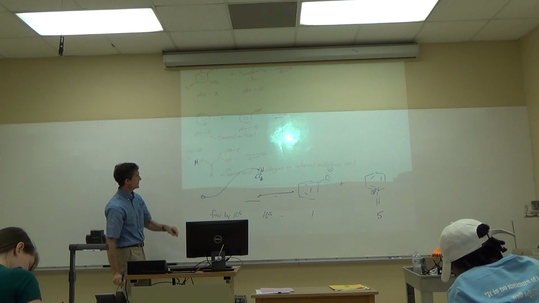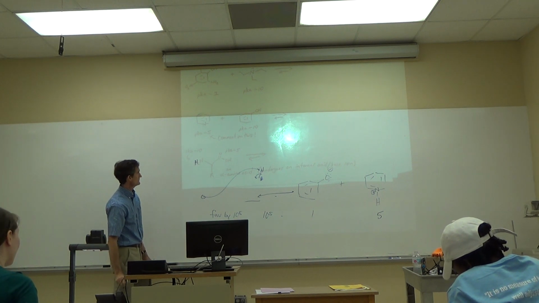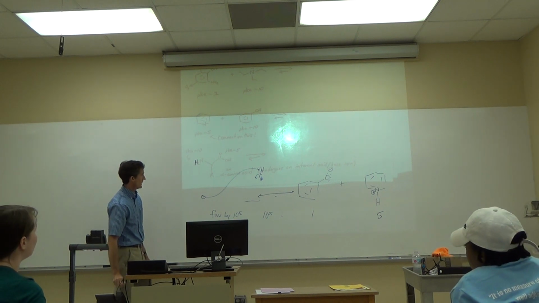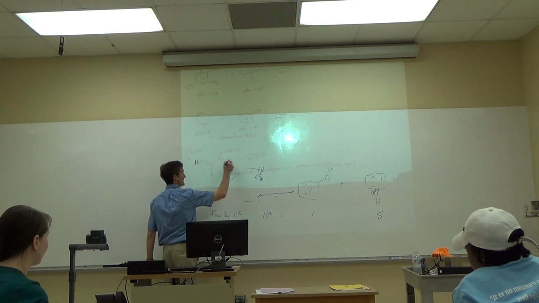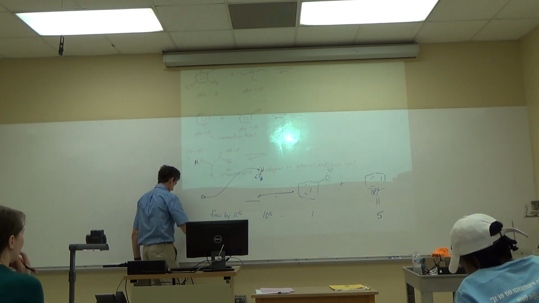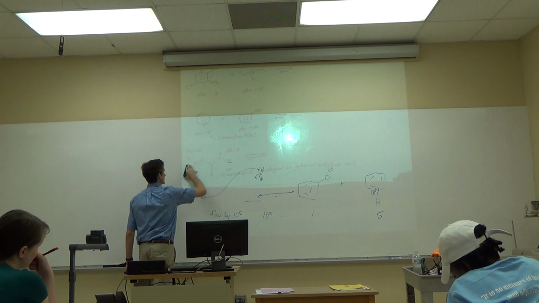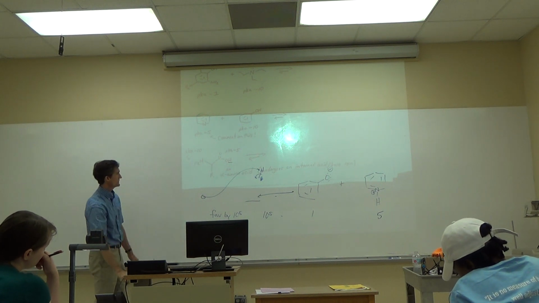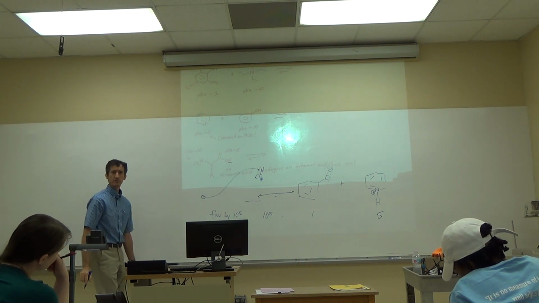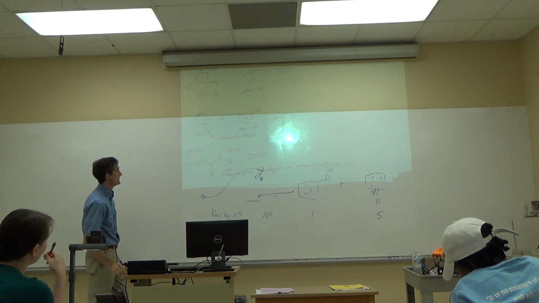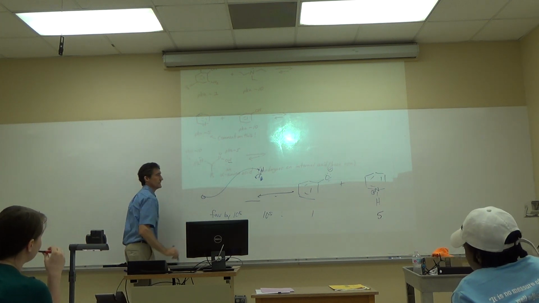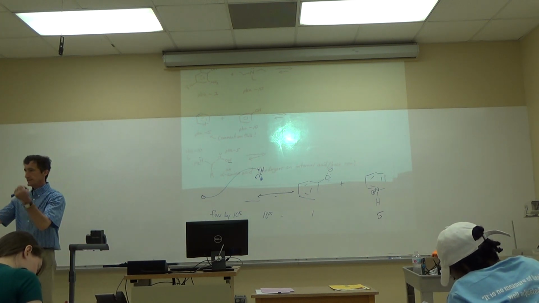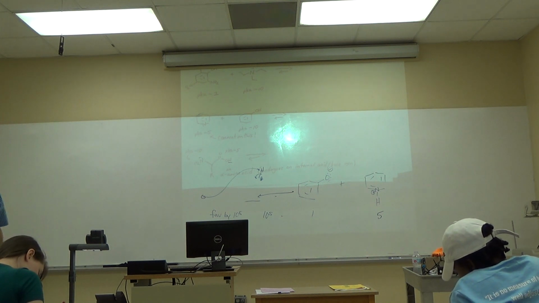Where's the most acidic H on the board? Carboxylic acid. There it is right there. Where's the most basic atom in the flask? Right here. It's got an acid and base in the same molecule.